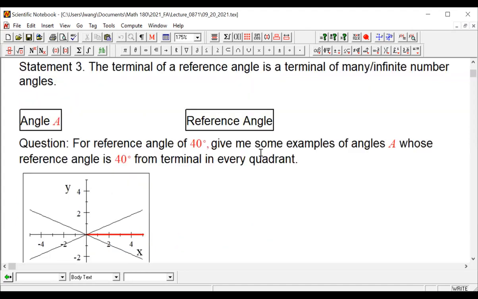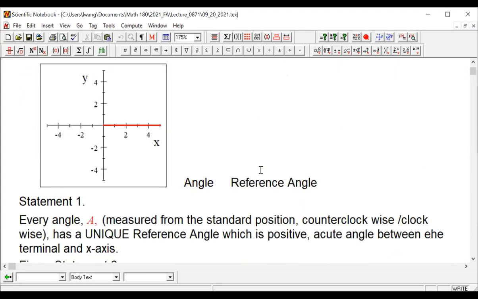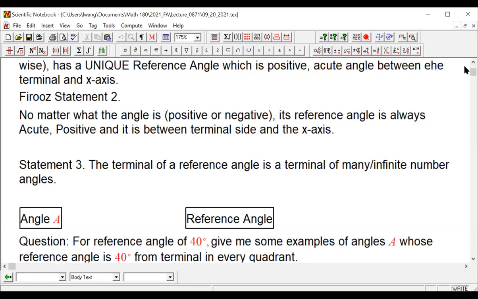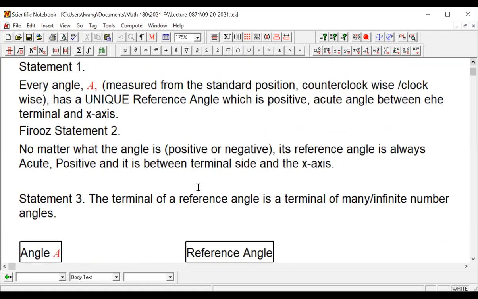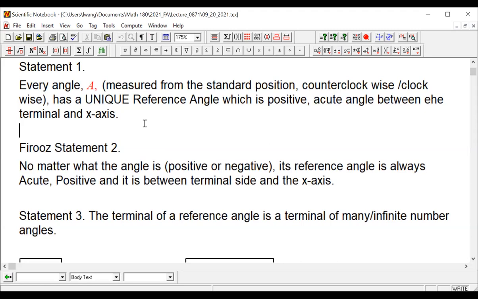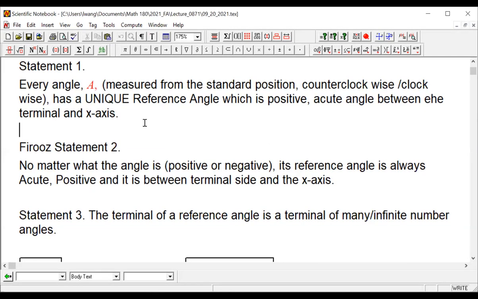So now I want you guys to read the three statements one more time. I'm going to ask some people to read these three statements. Noah, can you read the first statement for us?